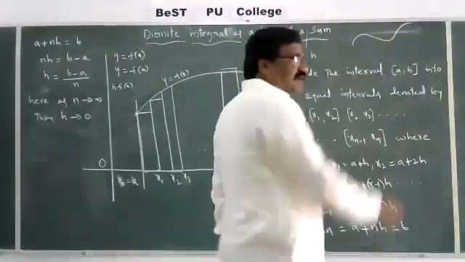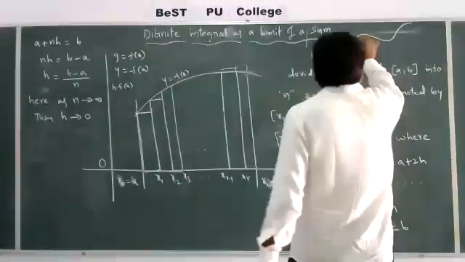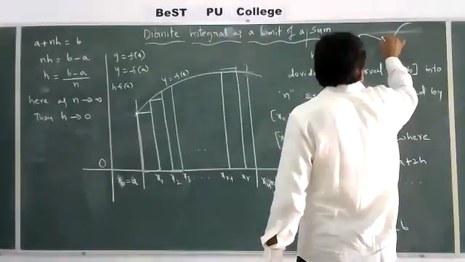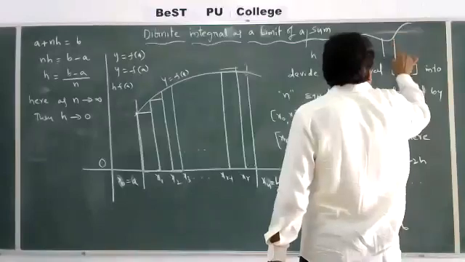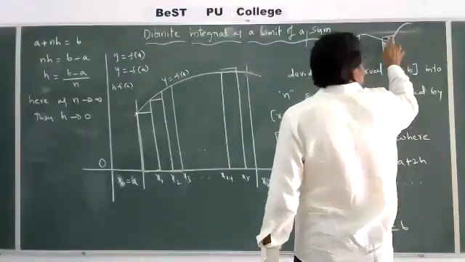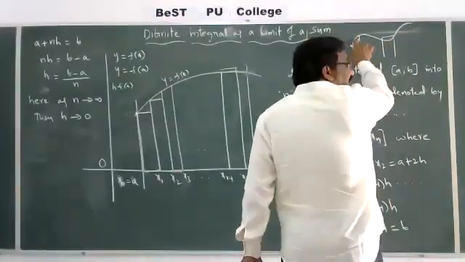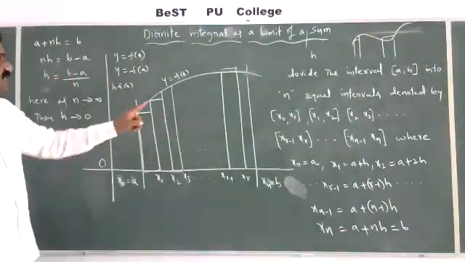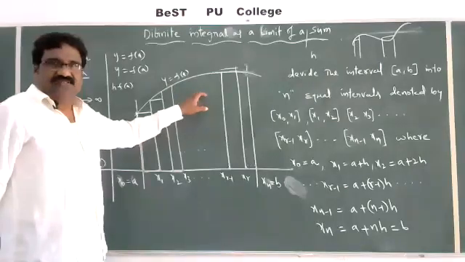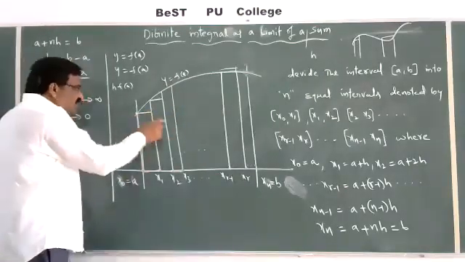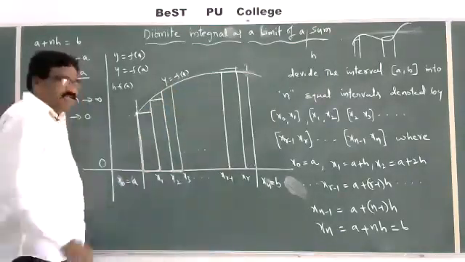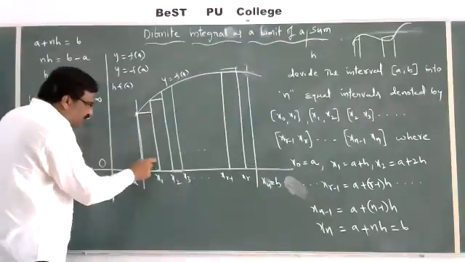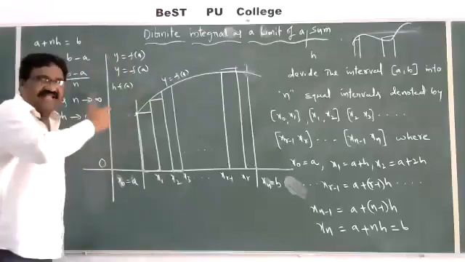So you make rectangles. Here adding area, here losing area, equal. Then you get the equal area. That is the main point here. That's why you can treat these as rectangles. So this length is f of a, breadth is h. Then the area of this is h into f of a, length into breadth.